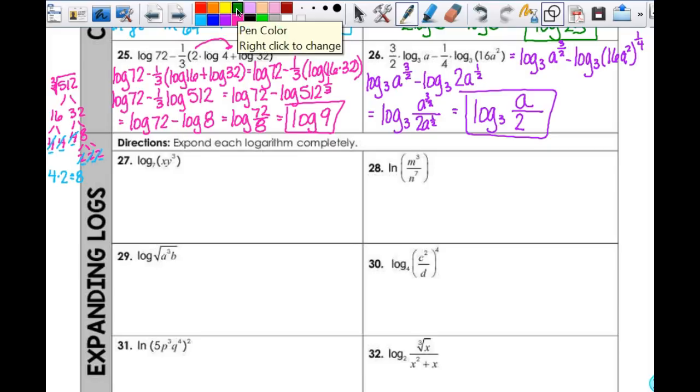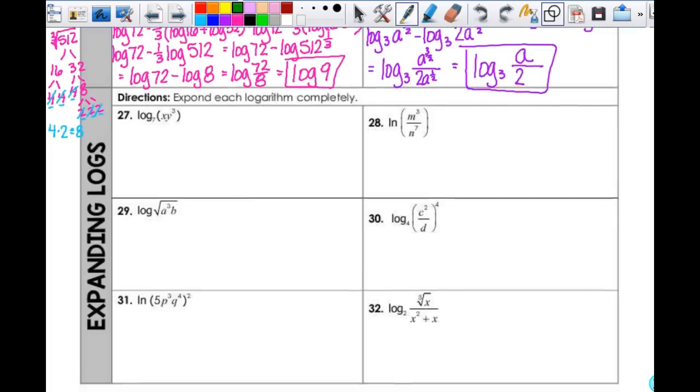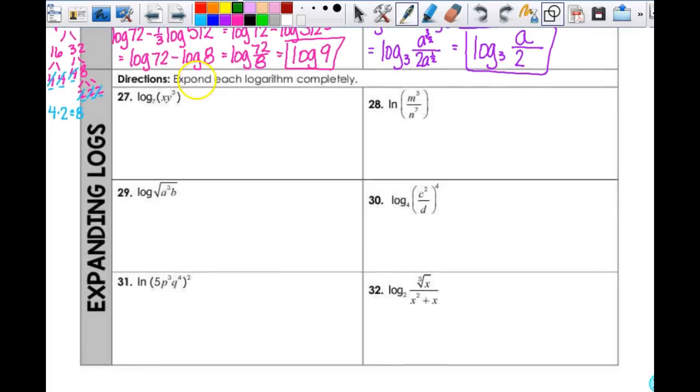All right, so now we are expanding the logs. It actually says expand, but we're going to expand. And so these are two things being multiplied. This x times y cubed. So I could split it up as x and y cubed, or it could be xy and y squared. But I want to split it up in the most logical way here.